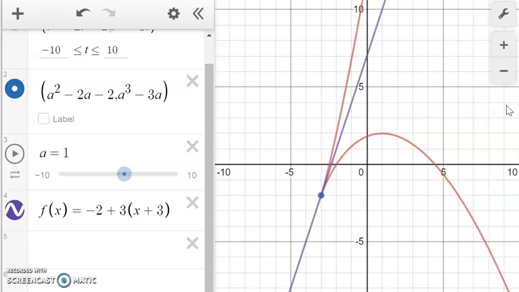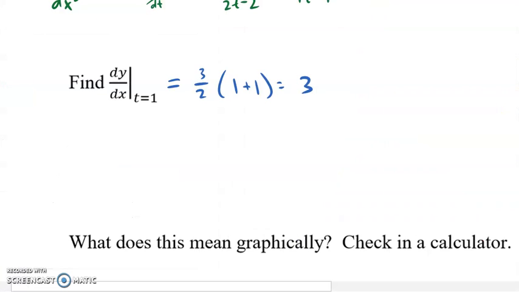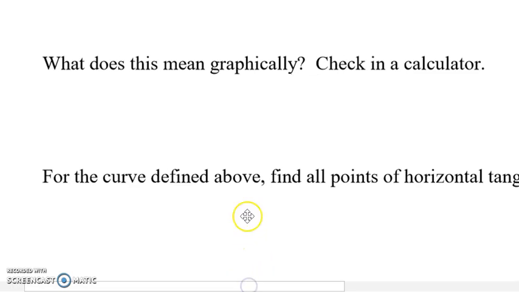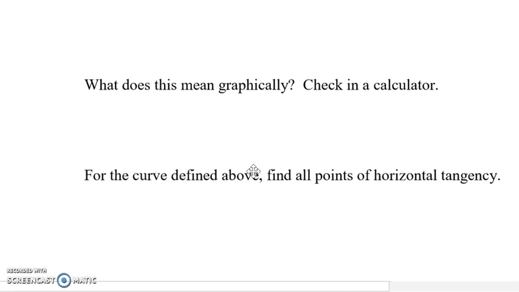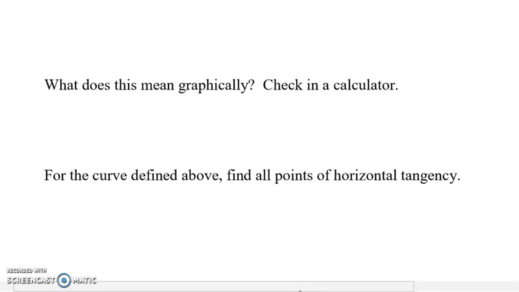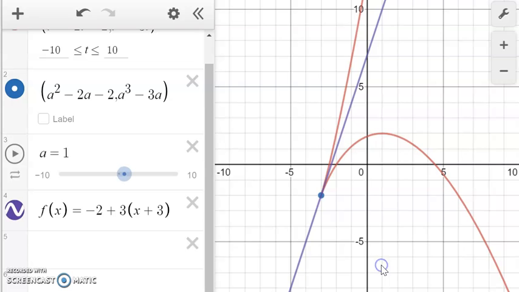All right, cool. So what else does it ask us to check out here? It asks us to find, this might not be quite as interesting, but still something that's likely to be asked, all the points of horizontal tangency. Okay, so of course, we can see that it looks like there's one right here, but let's pretend like we don't know that.